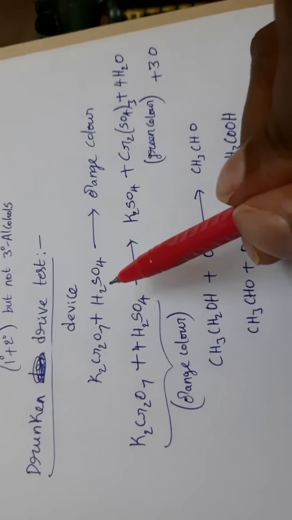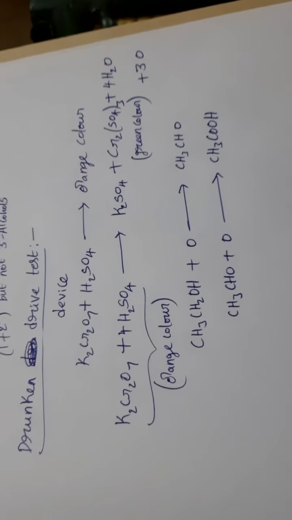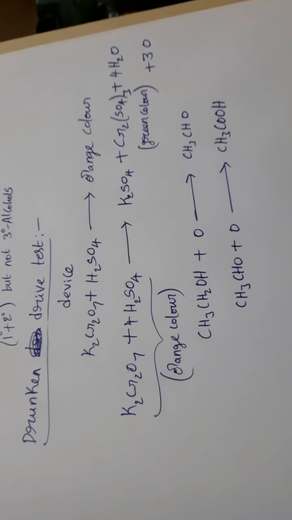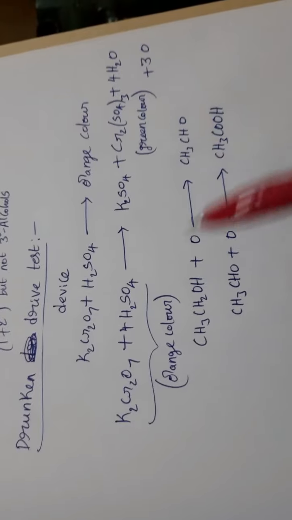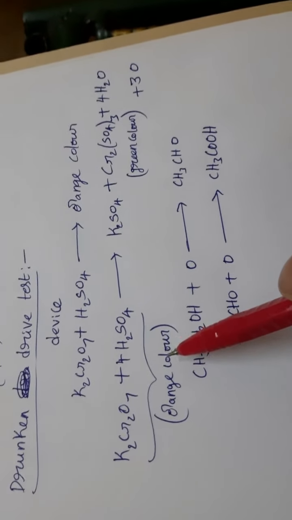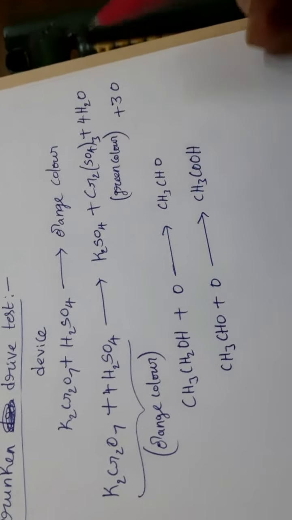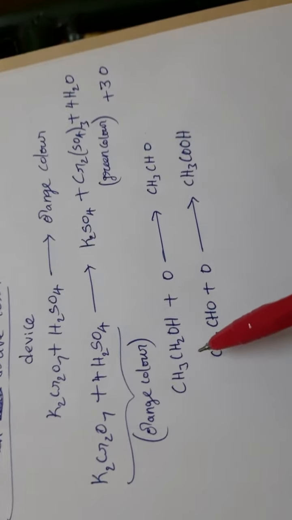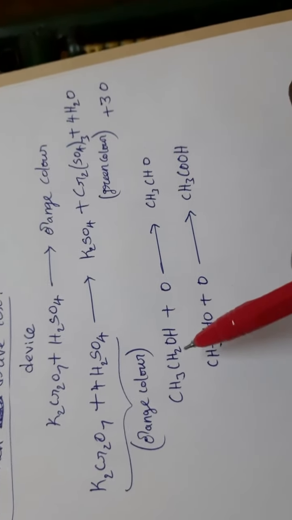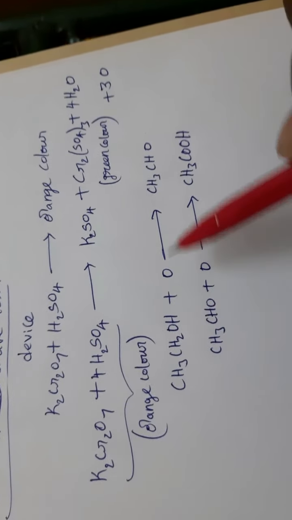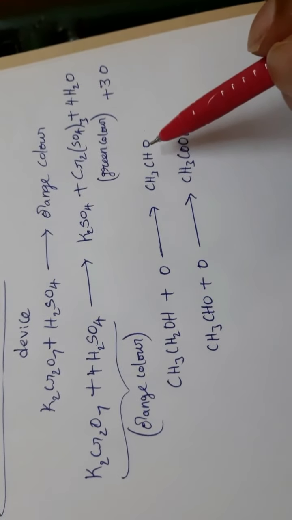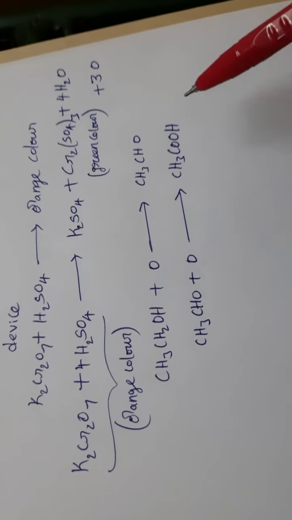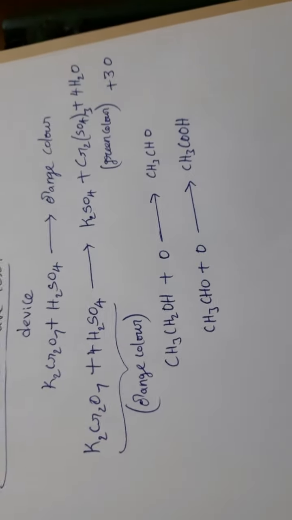It has orange color. When that alcohol consumed person breathes into this solution, then this orange color is changed to green color. The released oxygen atom combines with ethyl alcohol. This ethyl alcohol undergoes oxidation to aldehyde. This aldehyde further undergoes oxidation to carboxylic acid.